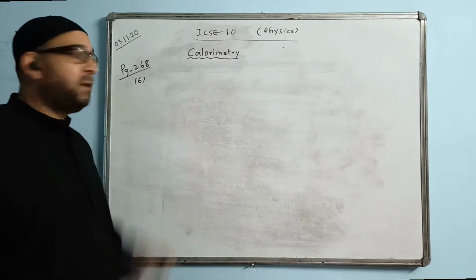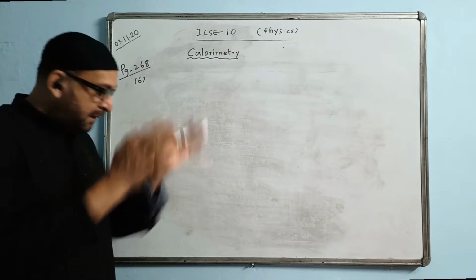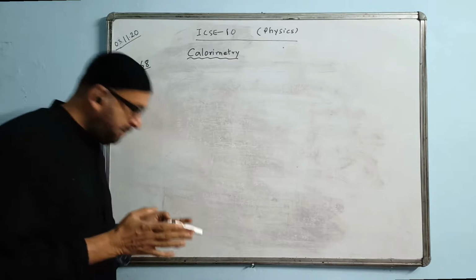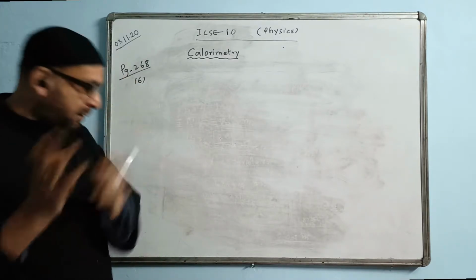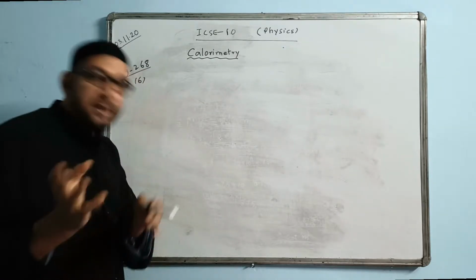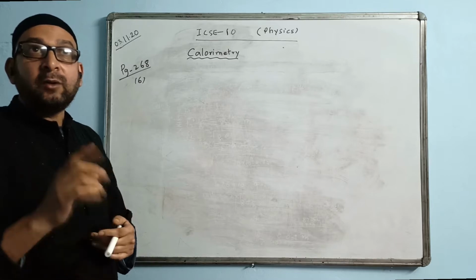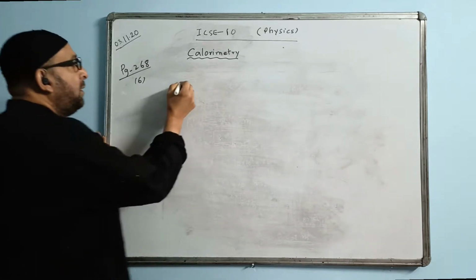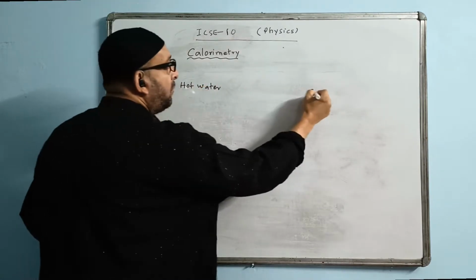Now you see how we are doing it. We have two things. One, a bucket containing 8 kg of water at 25 degrees Celsius, and another 2 kg of water at 80 degrees Celsius is added to it. That means that water is hot. First write hot water here, and we have cold water.